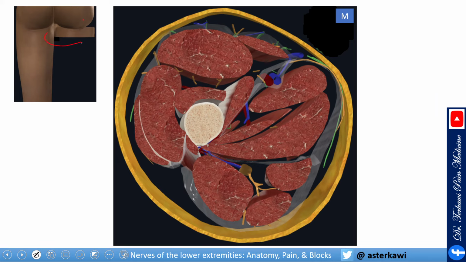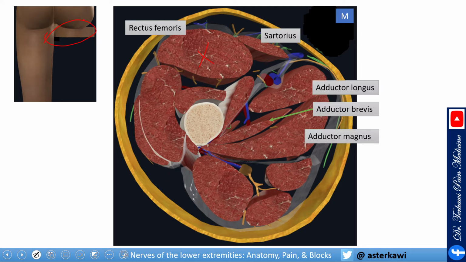So here, this is very high up in the thigh. This is the rectus femoris, and then sartorius, and here you have the adductor muscles. The adductor muscles here make the medial compartment, we'll look at that in a few slides. The adductor longus, brevis, magnus.